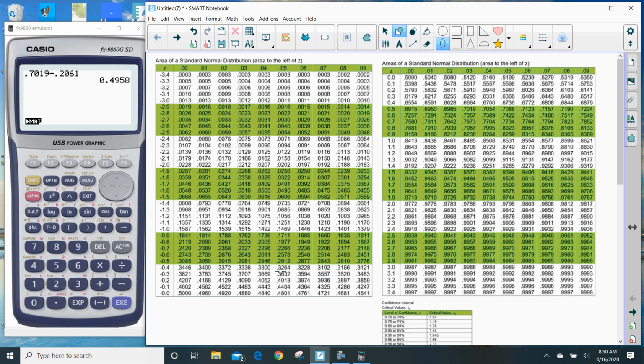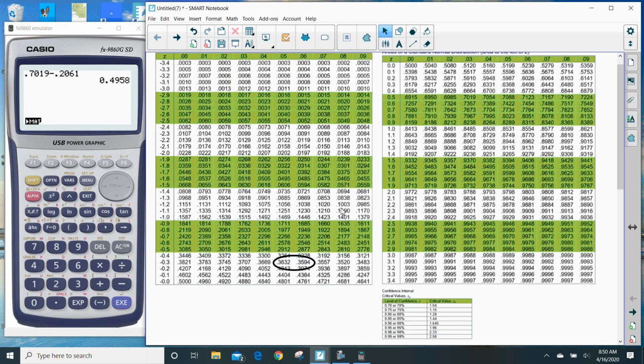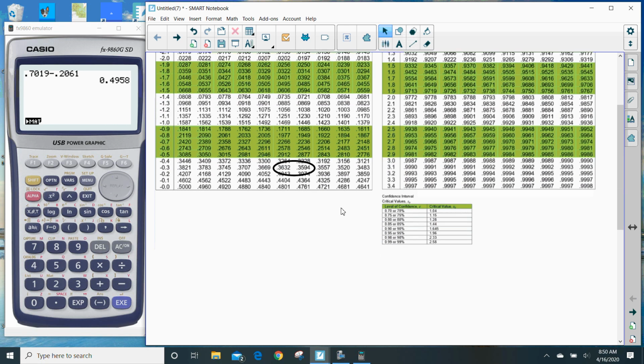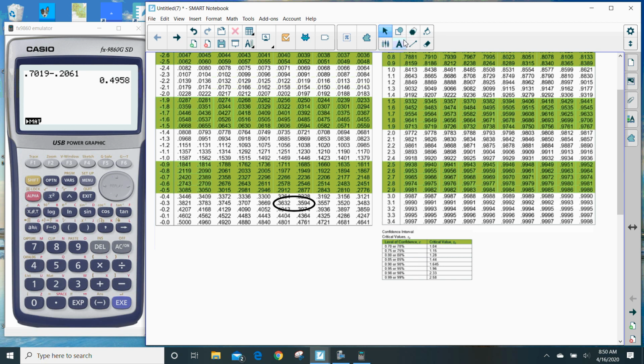Okay, here we go. 36% would fall in between those two numbers right there. That's where 36% is. So which one do we take? Well, we take the one that is closer.